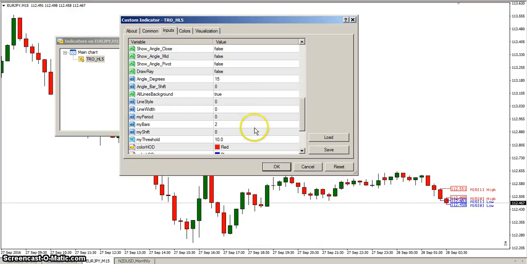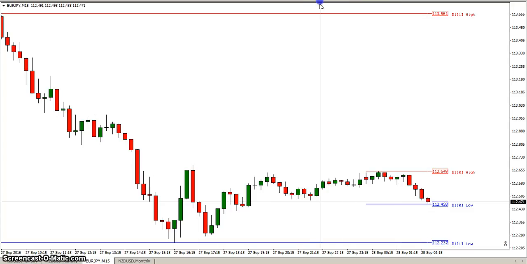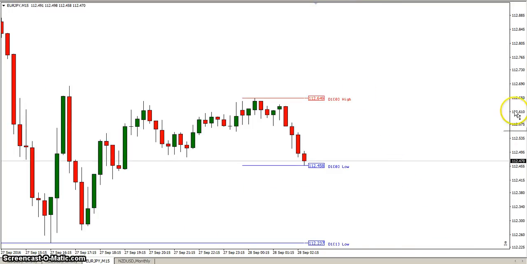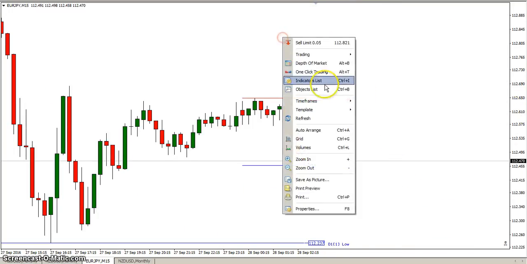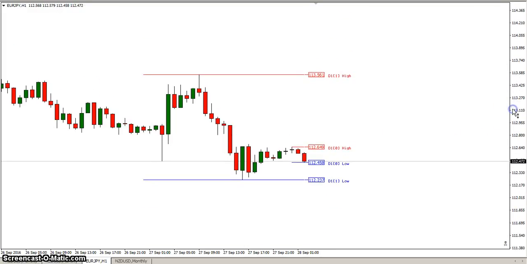Now, how do I use it? I normally set it to 1440, and that's the daily. Then over here, you see how it says chart shift? Move this over. A lot of times I like to use 1 hour bars.